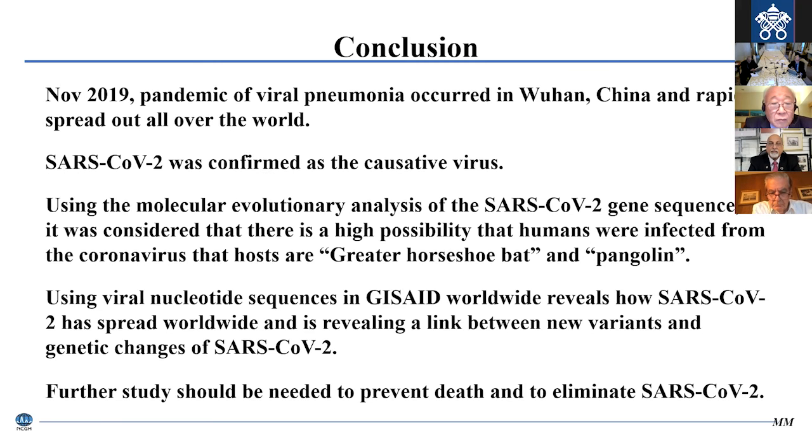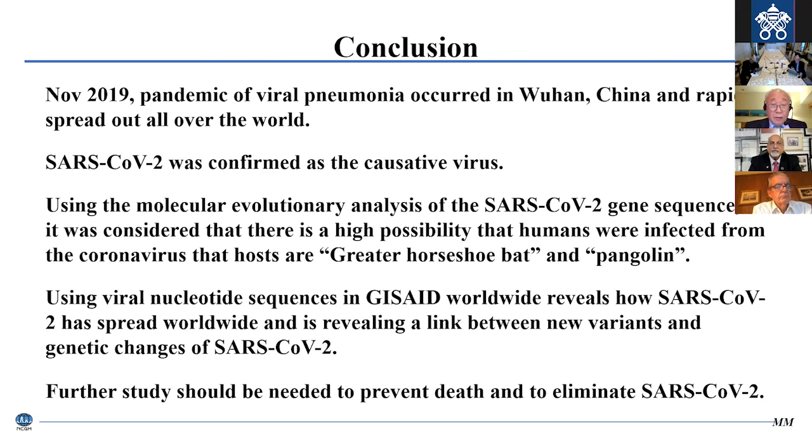The committee gave me the title of evolution, and our analysis of the virus is a molecular evolution analysis, depending on the neutral theory. The virus is considered highly evolved from the greater horseshoe bat host and pangolin, strongly suspected.